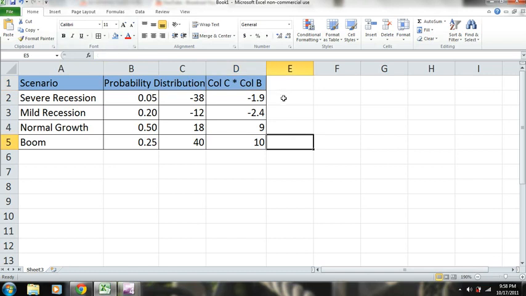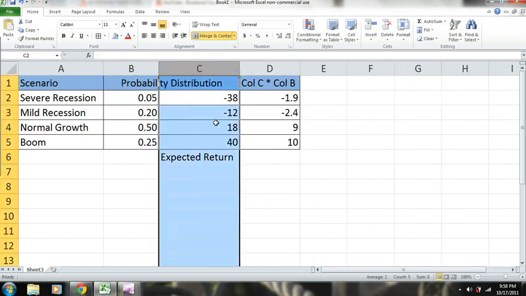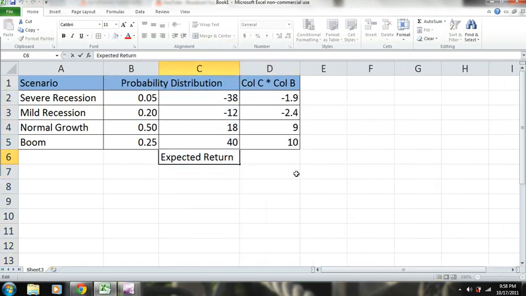Now that we have these numbers, we can get our expected return. Because these have probabilities with them, we couldn't just add these up and divide them by 4 the way we would find an average or a mean.